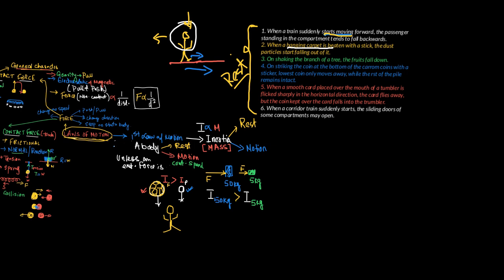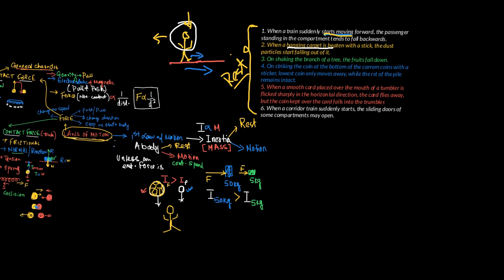On shaking the branch of a tree, the fruit falls down. If you go to a mango tree and start shaking it, what's going to happen? The tree was at rest, so were the fruit, the branches, and leaves; everything was at rest. And you started shaking the branches. So the fruit wants to be at rest, because that's what inertia is.